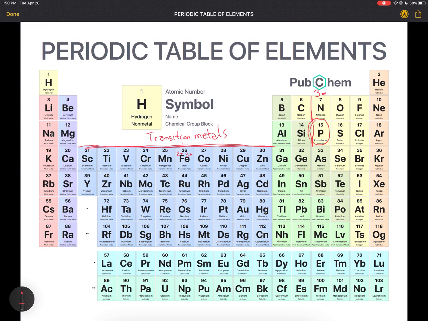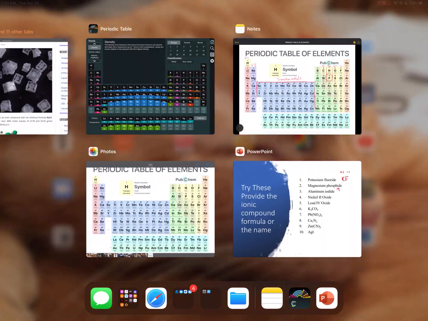Actually, you can only go down about this far. So we're doing this and saw this pattern, just like on the other side of the periodic table, we saw these were +1 and these were +2, and then we just avoid the transition metals because there's more to talk about there. But with these trends, let's go back.